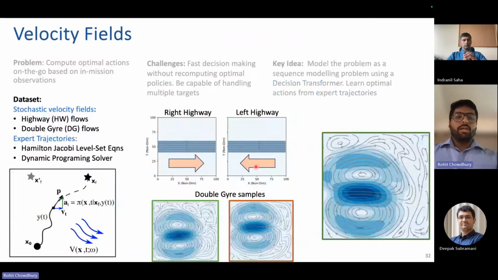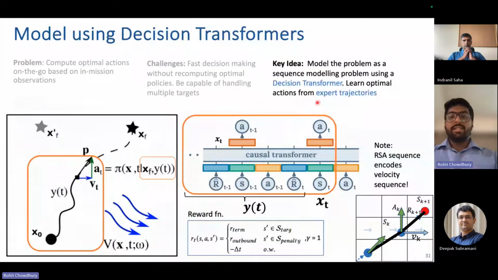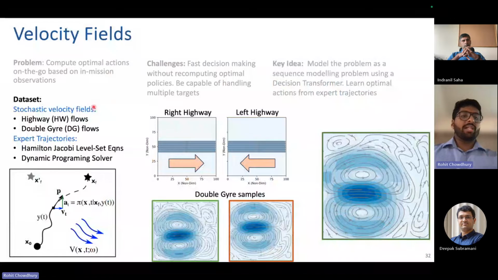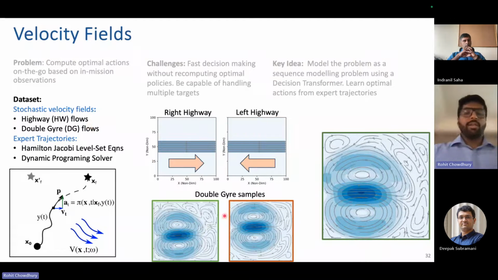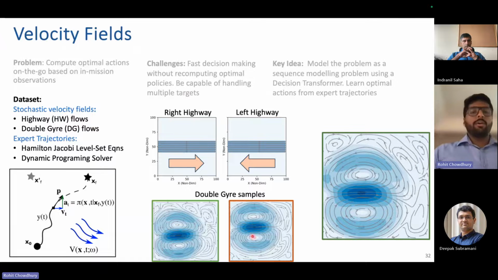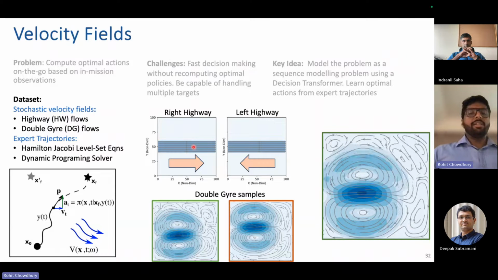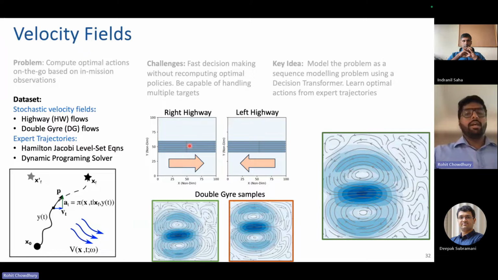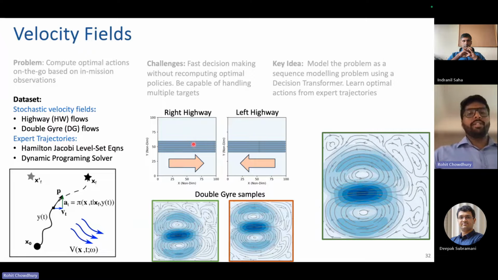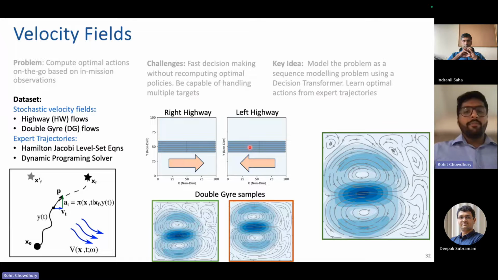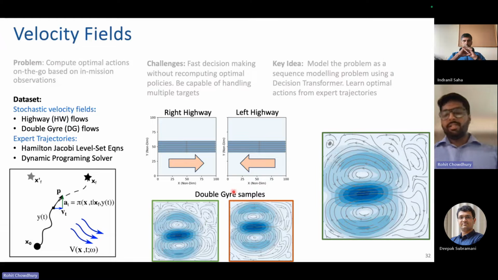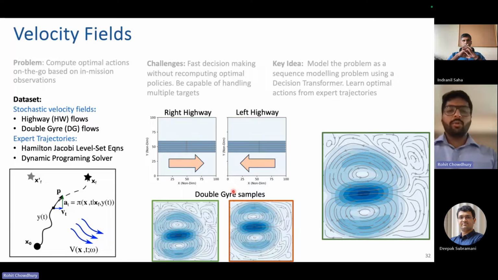So now that we know the idea, I hope it is clear. Now, as far as the data set is concerned, the velocity fields that we use here are double gyre velocity fields and also highway fields. Highway fields are hypothetical fields where the flow would be restricted to a band and either move towards the right or towards the left. And we use both these kinds of fields in the experiments that I'll talk about in a bit.